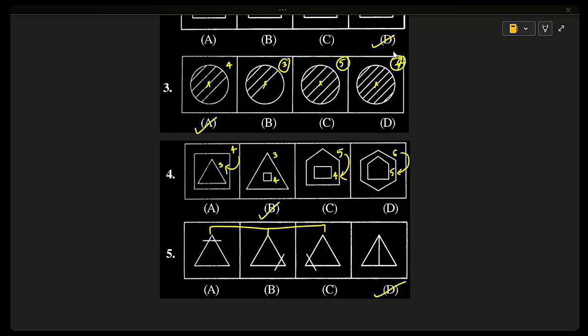Okay, Shanvit. Mayuk, what is your doubt? Sir, I have a doubt in third question. Every other circle is having an odd number of lines, but option A has an even number of lines. That's why it is the odd one out. Okay, sir.